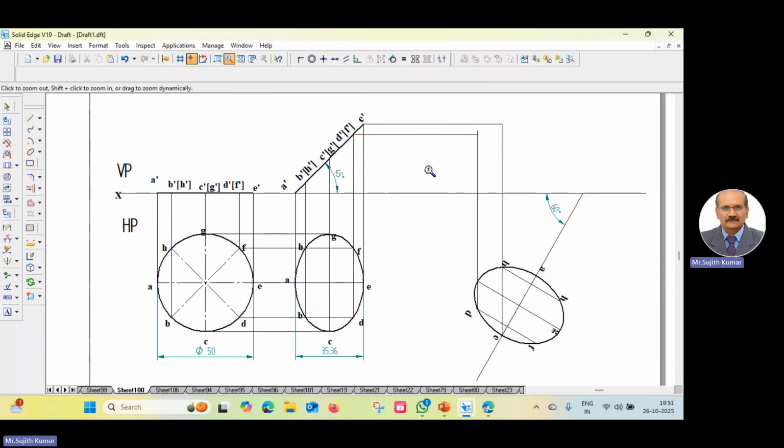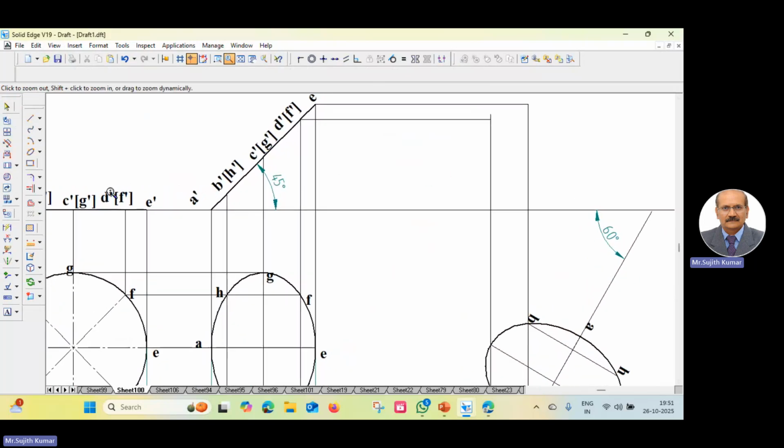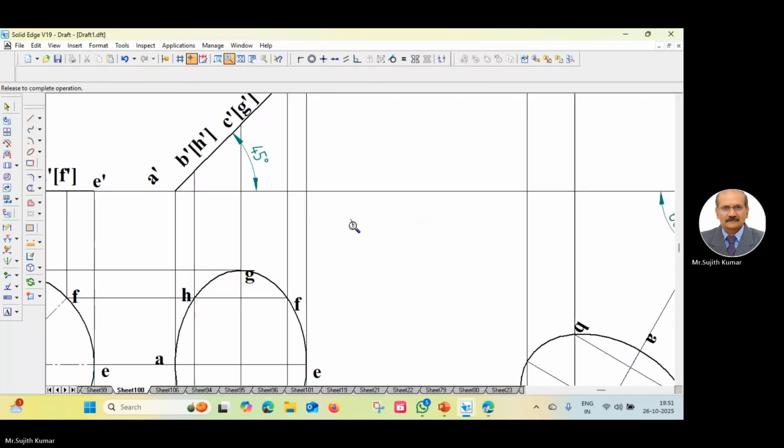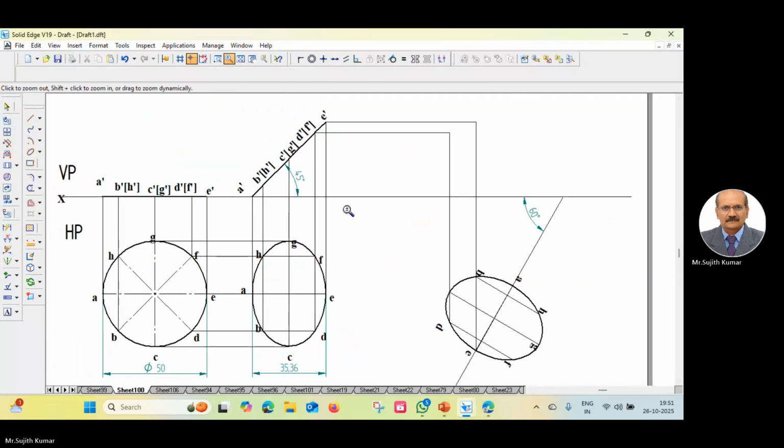Then this small line which is projecting behind it, you have to trim that. Don't keep this type of projecting line. It will create a problem for you. Then D and F. This is F.